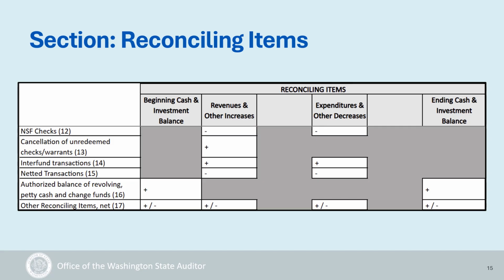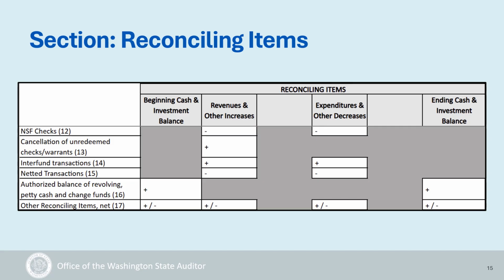We move on to the cancellation of unredeemed checks or warrants. And from government to government, we find that governments often are not calling this the same thing when we talk about it. Maybe one government issues warrants and not checks, so the initial terminology has already confused them. We generally just note that the schedule is using those terms interchangeably here.